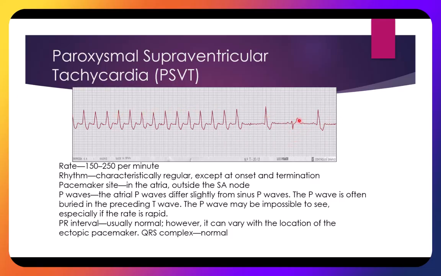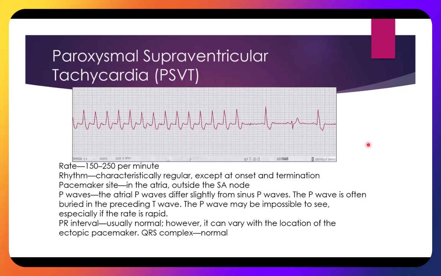We get some weird looking beats in here, and we'll talk about those a little bit later on. But this part in here is what would be considered irregular. So in this situation, we see it, and then we suddenly see it stop. Now, if we could reverse this, it would be slower, and then all of a sudden it would pick up. So either one of those makes it paroxysmal.